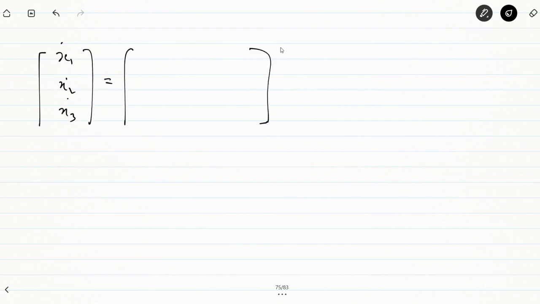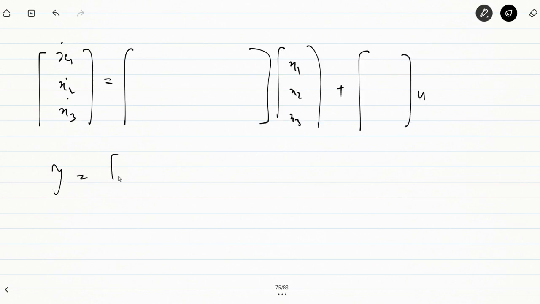What will the second companion form be? x1 dot, x2 dot, x3 dot is equal to something times x1, x2, x3 plus something times u. Y is equal to something times x1, x2, x3 plus something times u.